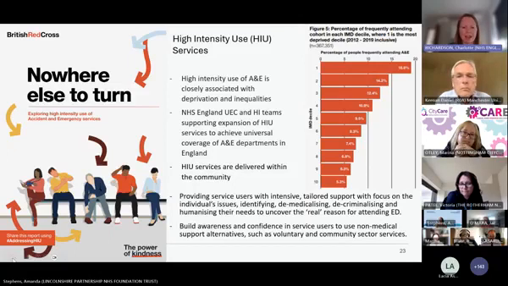And they can have quite complex social needs, and this service offers tailored outreach and support. And you can see on the graph on the right, again, the use of A&E really reflects the deprivation. So there's a strong correlation. And the service has a really positive impact on individuals. They attend less, and as such, there's a significant cost saving.